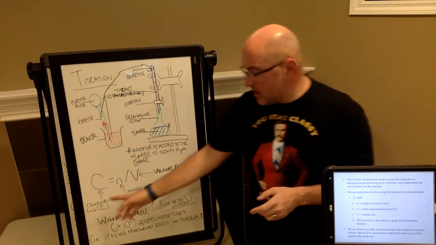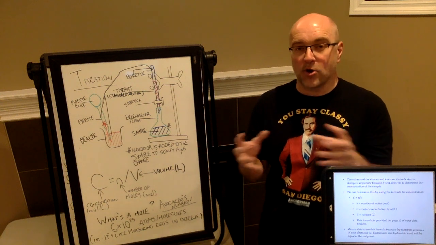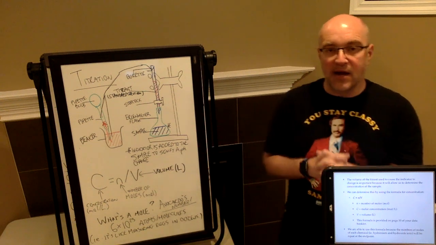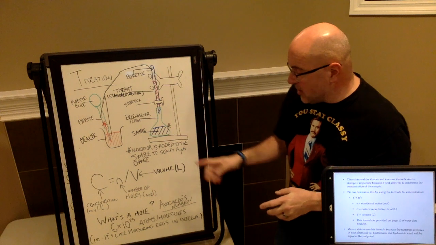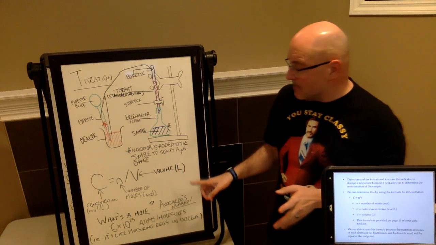Pretty much everyone here can tell me what concentration is. It's how concentrated a substance is in water, how many particles are found in each unit of that solution, and everyone knows what volume is. And by the way, the volume in this case always has to be in liters.